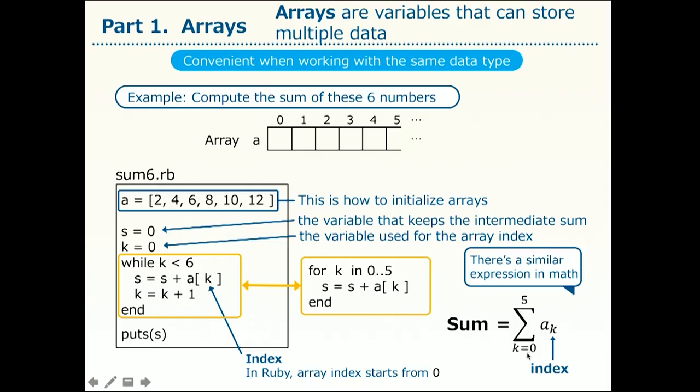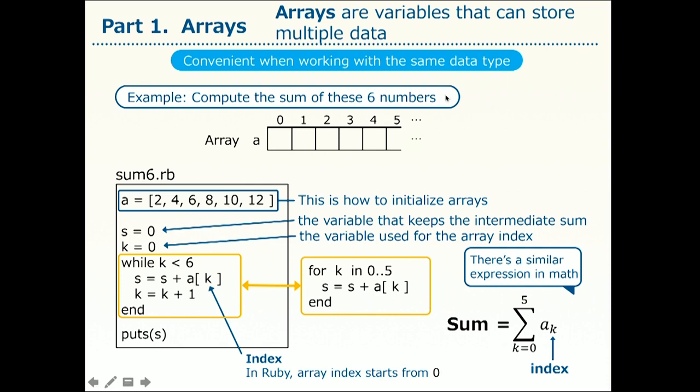By using the sum index, say k, we add a_k, that is the k-th element of the tuple a, and by this expression, we can compute the sum, which is really very similar to the for statement. So you can think of the for statement as a natural way to write this expression in the program.